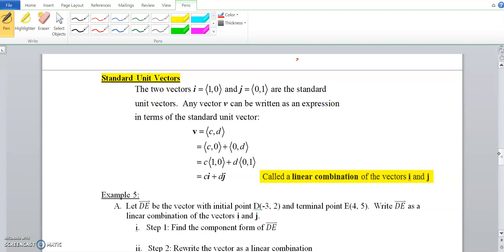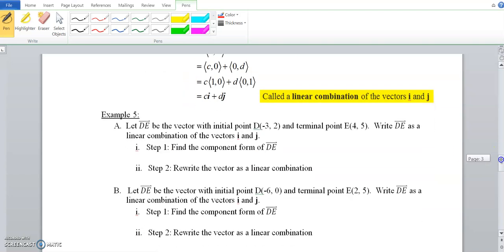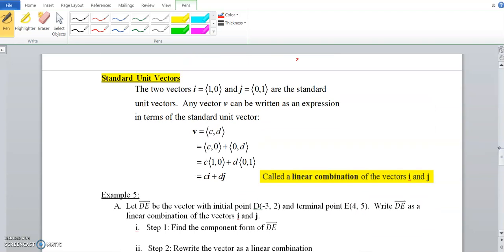When we look at standard unit vectors, it's the same idea, but instead of a unit circle of radius 1, we have a vector i and a vector j, which we call standard unit vectors. Those vectors are <1, 0> and <0, 1>. This idea of being able to multiply vectors and things is all coming together for this standard unit vector topic.